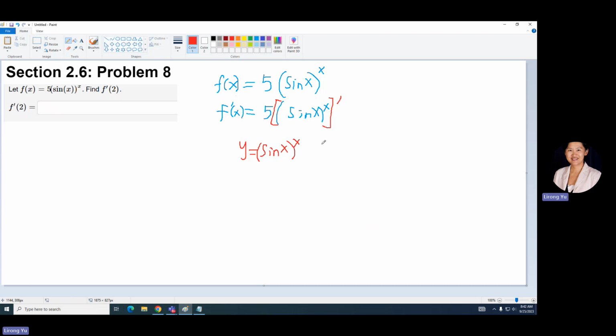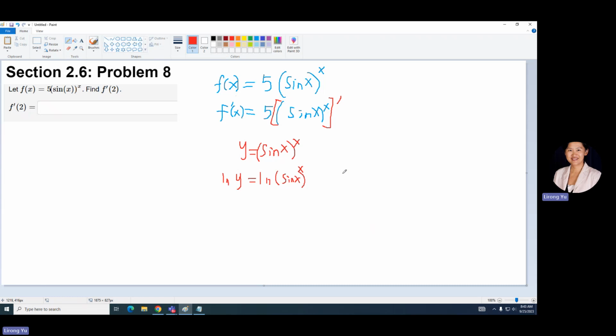So we start from here, we're going to take the logarithm of both sides of the equation. So we have natural log of y, and then natural log of sine x to the power of x. According to the power rule of logarithm, the power would always need to move. This is not differentiation. This is a rule for logarithm property.